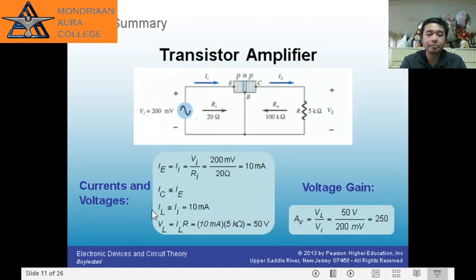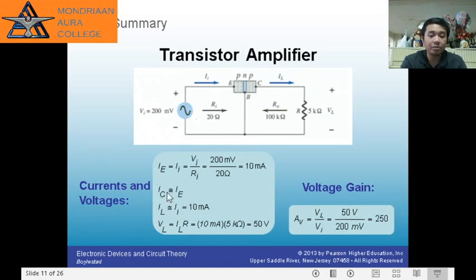Next, how about our load current? Remember, our load current comes out of our collector. Therefore, that is also your I sub C. But don't we have an approximation? I sub C is approximately equal to I sub E. So whatever the value of I sub E, which is your input current, that will also be the value of your load current or your output current.